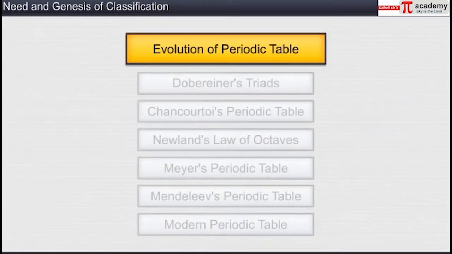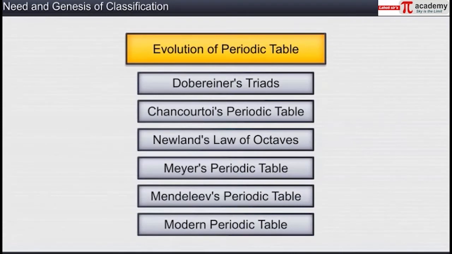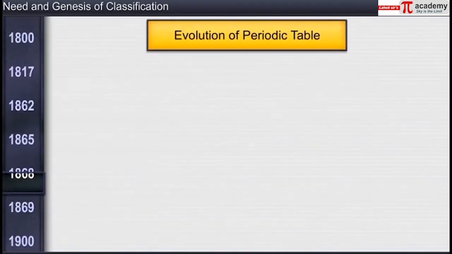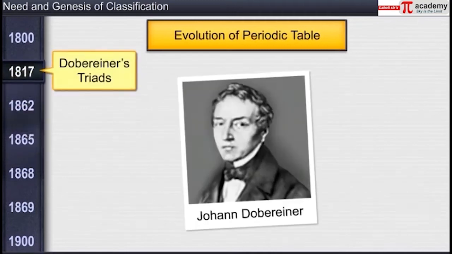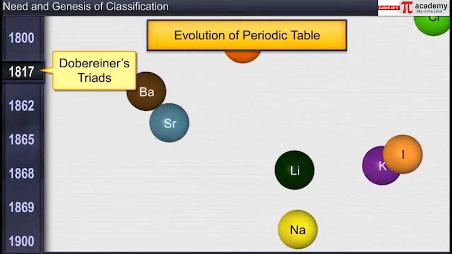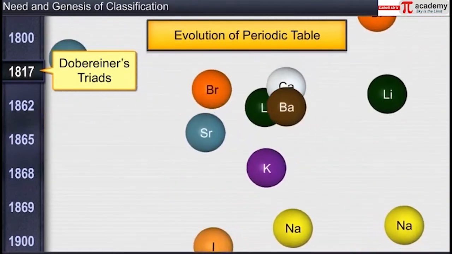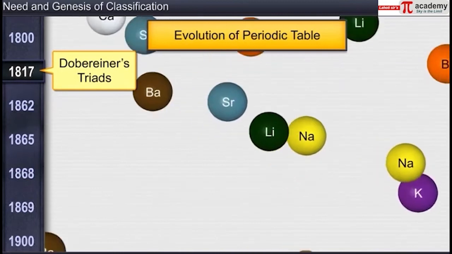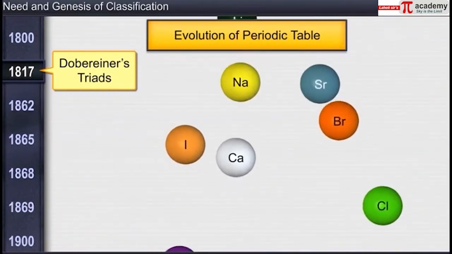Since the 19th century, scientists have attempted to classify elements using different approaches. For example, in 1817, German scientist Johann Dobereiner noticed similarities in the physical and chemical properties of elements and observed that these elements formed groups of three.